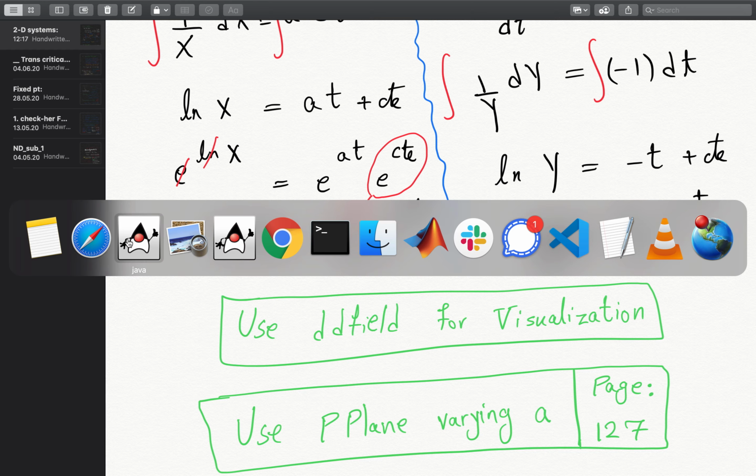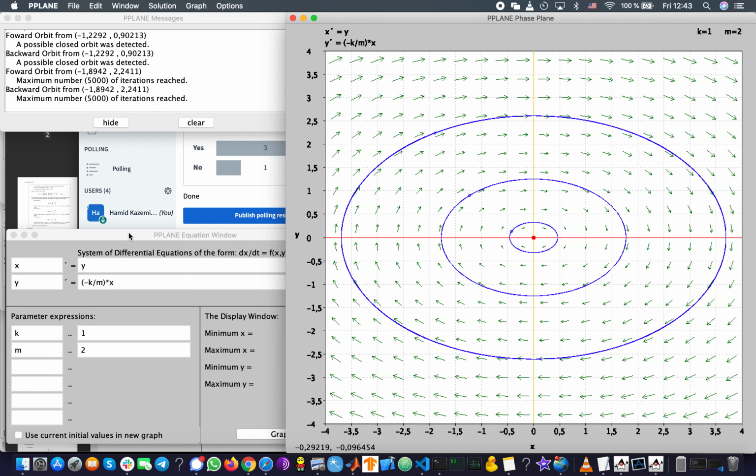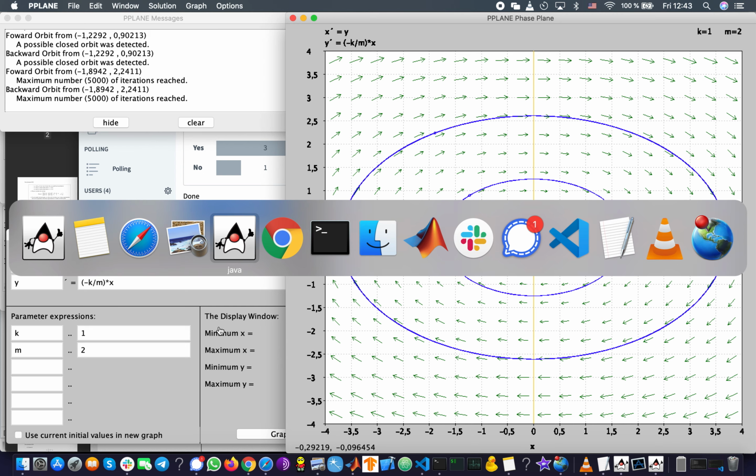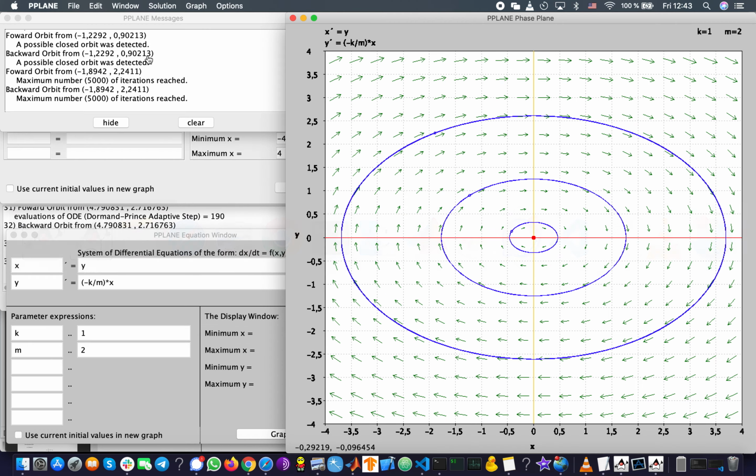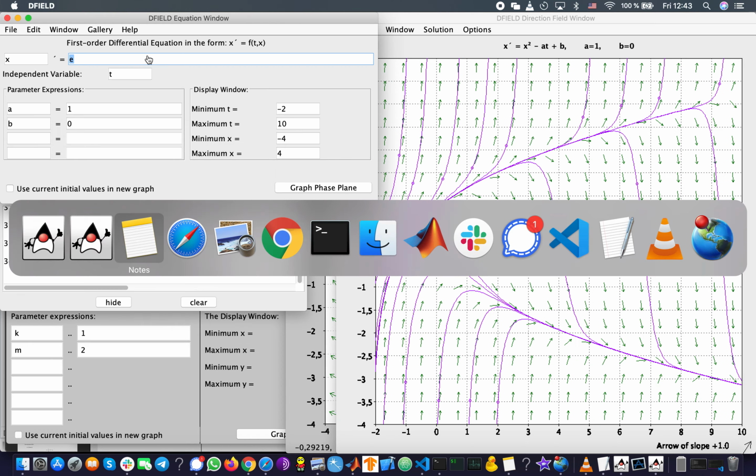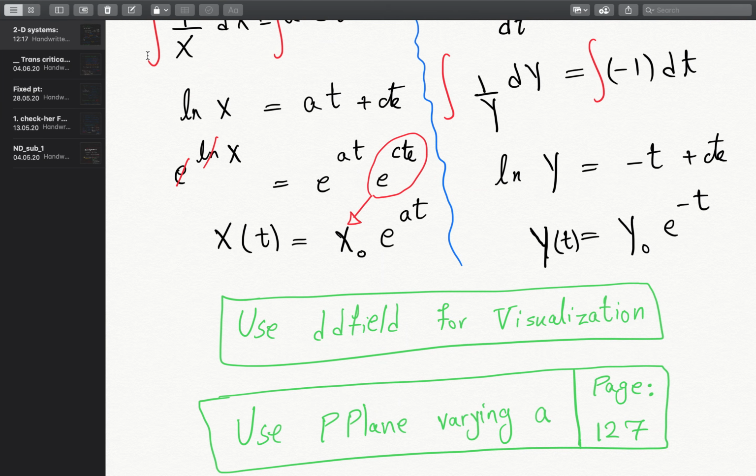So if you again run dfield, x is equal to a constant times e to the power at.